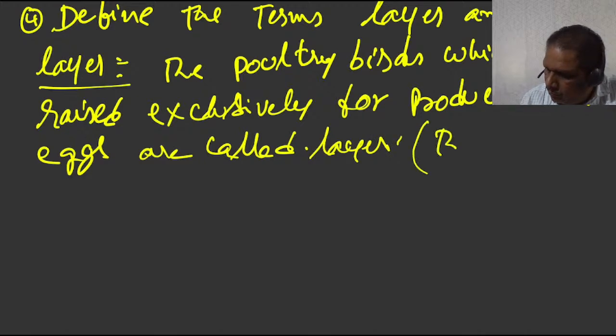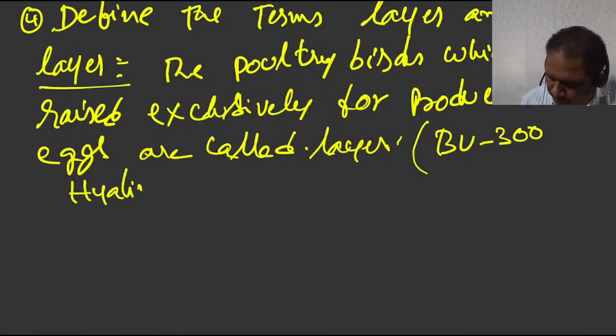Example, BV 300 and Highline, Puna pearls.